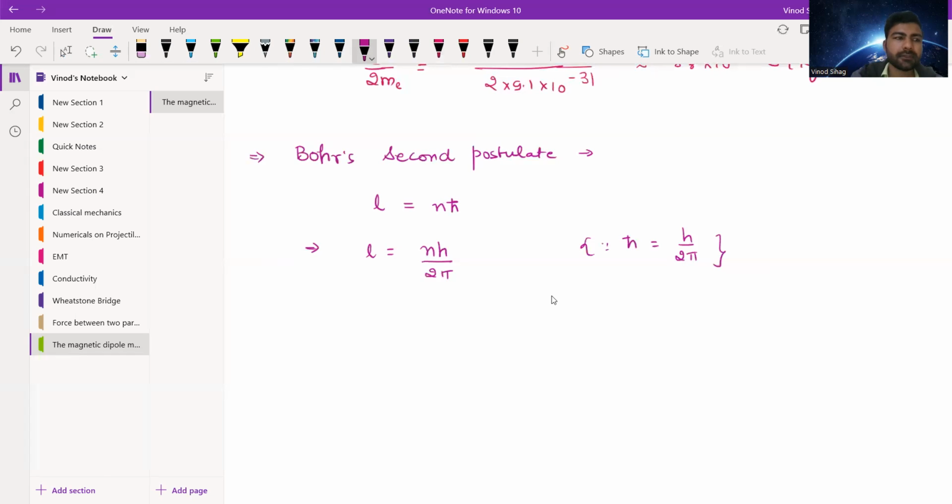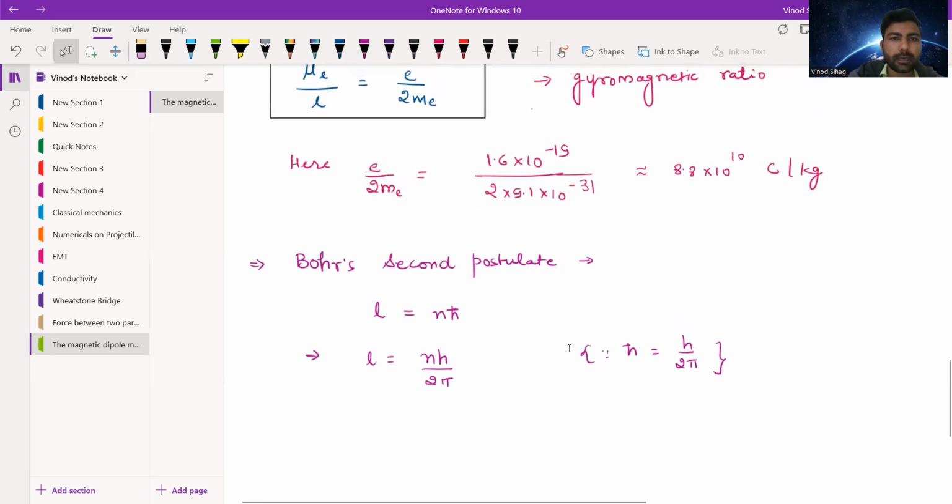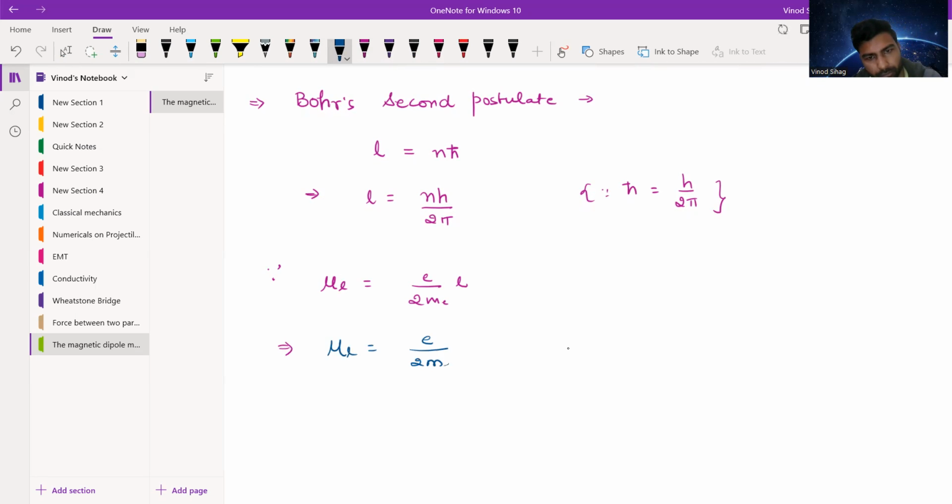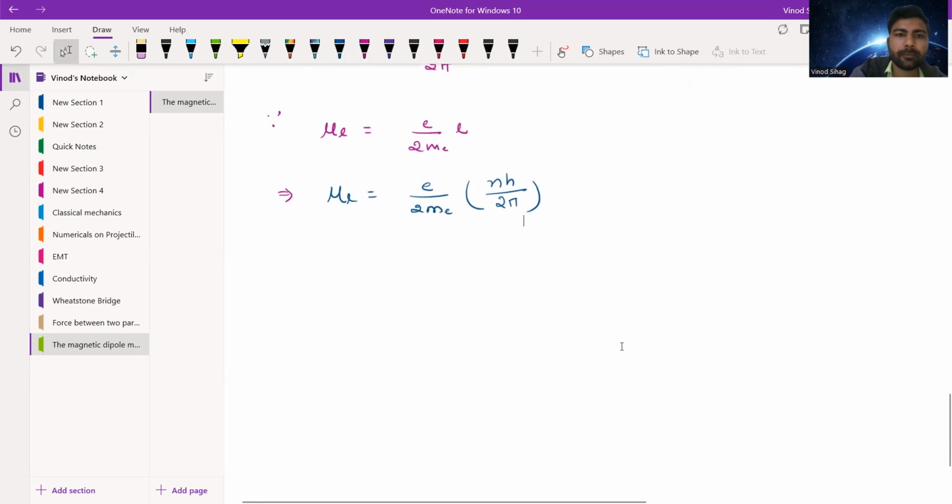So if we place this value in the above equation, then in magnitude form we know that mu L equals e upon 2me into L. And if we replace the value, then we will get mu L equals e upon 2me multiplied by n h upon 2 pi.